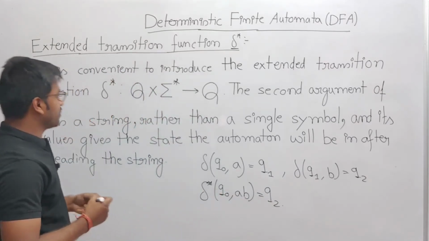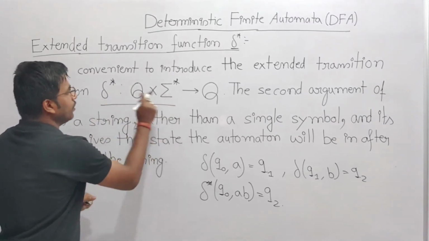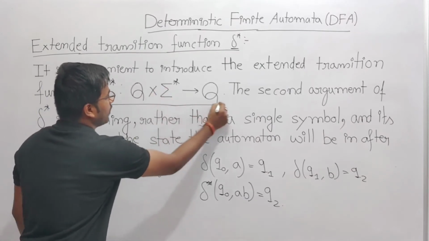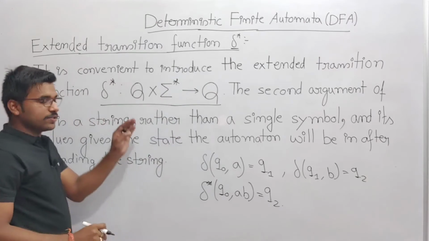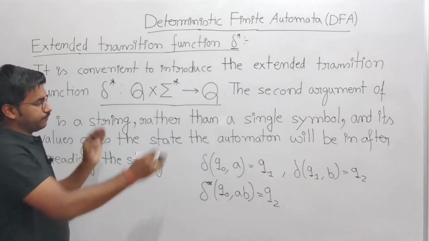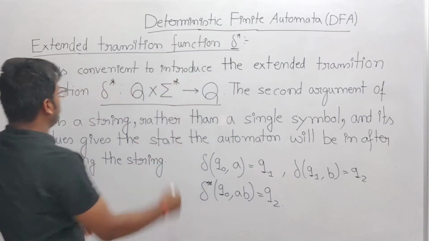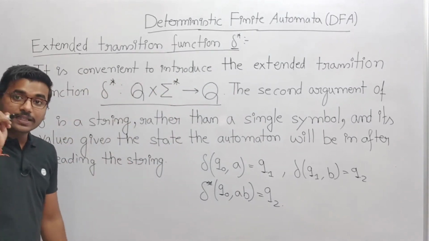Now see the definition. It is convenient to introduce the extended transition function delta star, which is saying Q cross sigma star. It is a string. So one state by getting a string, it is going to some state. This is the formula. The second argument of the delta star is a string rather than a single symbol.